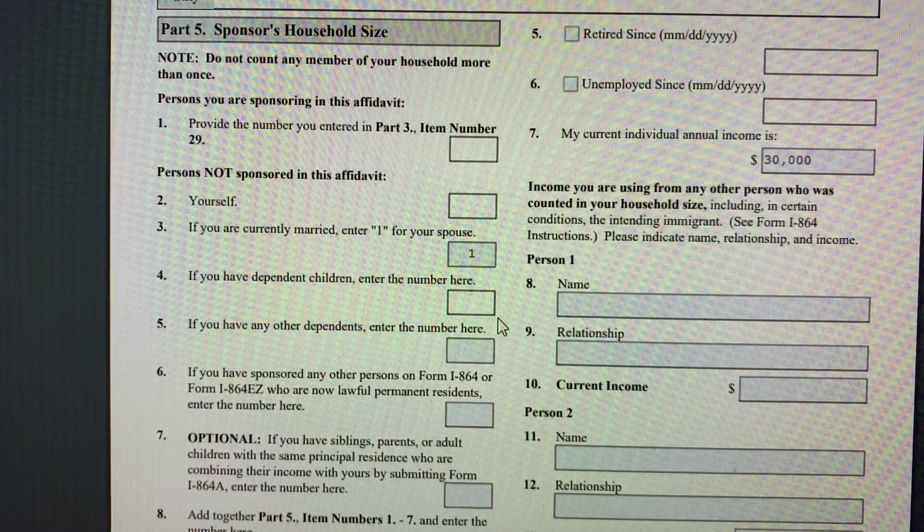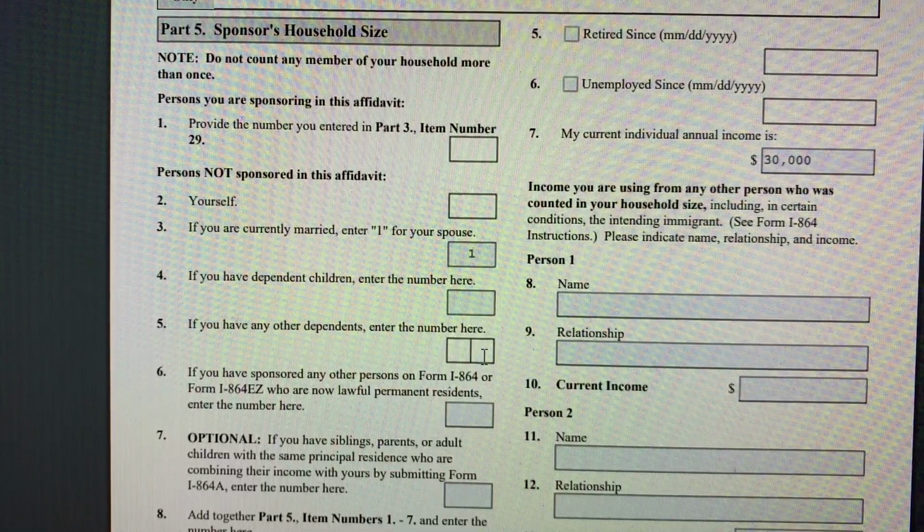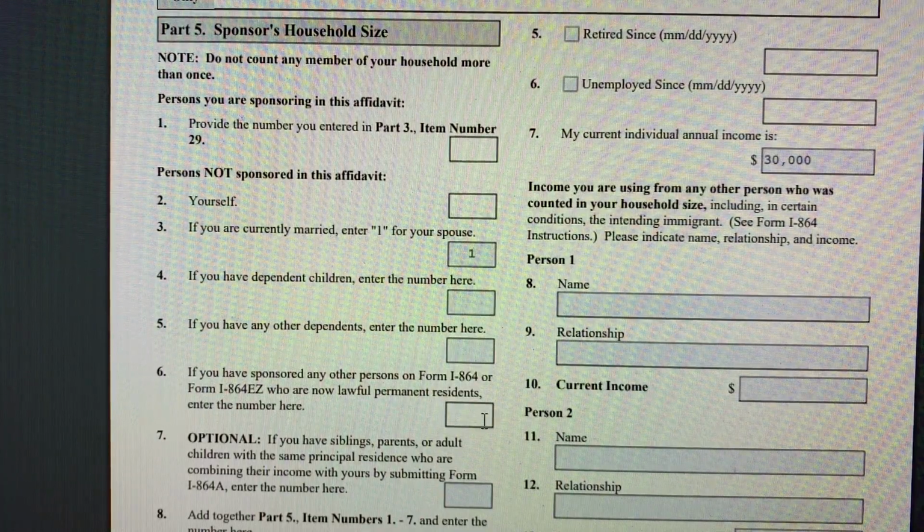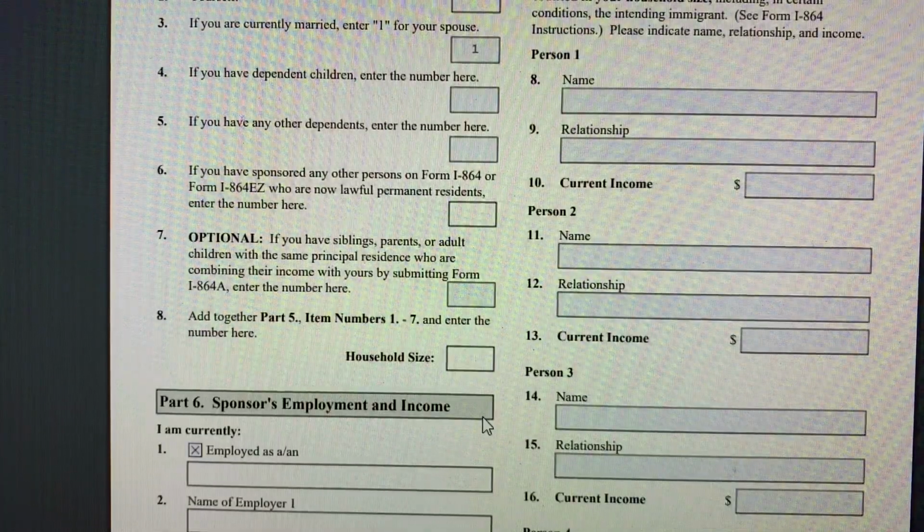If you have any dependents, enter the number here. If you have sponsored any other person with I-864 or I-864EZ who are now lawful permanent residents, enter the number here. If you were a sponsor for that, you can put it.